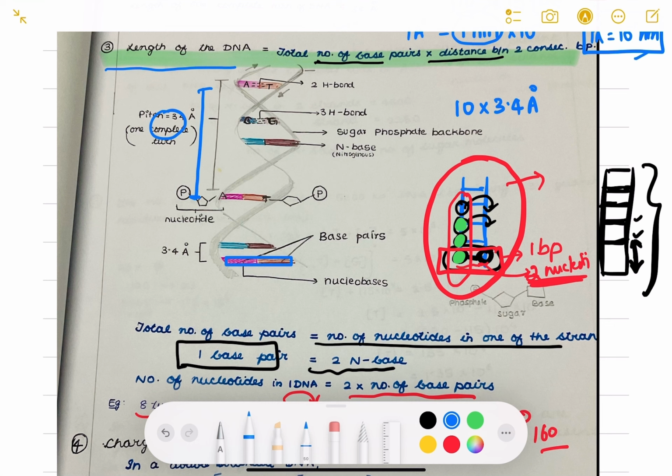And let us suppose this is A. This entire thing is one nucleotide. Similarly, if this is T, adenine base pairs with thymine, so this entirely is your other nucleotide. So 2 nucleotides, where is one base pair?